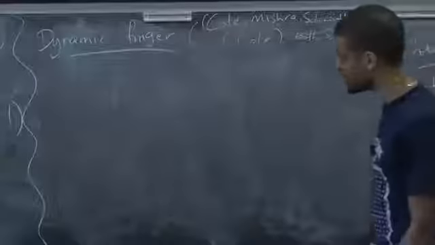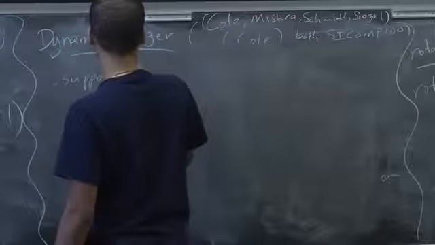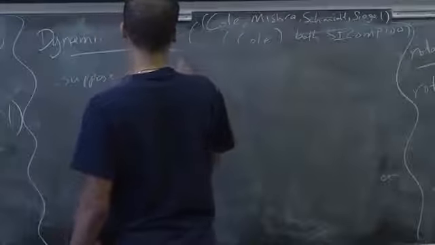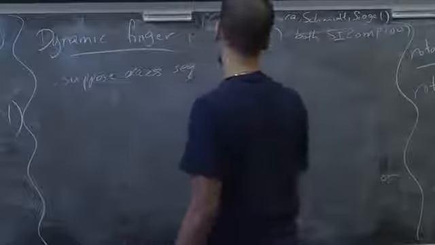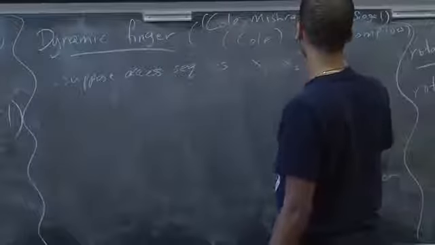What does this say? Suppose the access sequence is, again, x1, x2, up to xm.